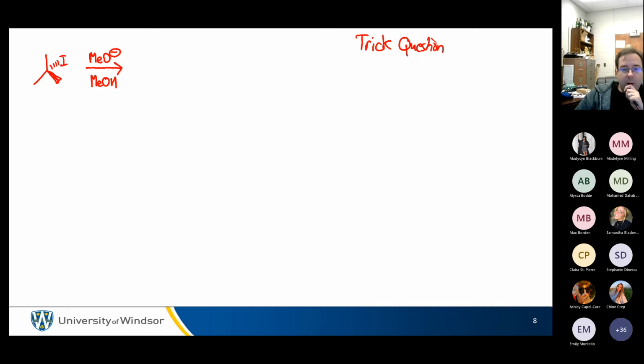Okay, Jesse says Sn1. Anyone else have an opinion? Yeah. So this is a tertiary leaving group. Sn2 is not possible. But I'm going to throw out that, well, methoxide can deprotonate methanol, but then you just get methoxide and methanol.